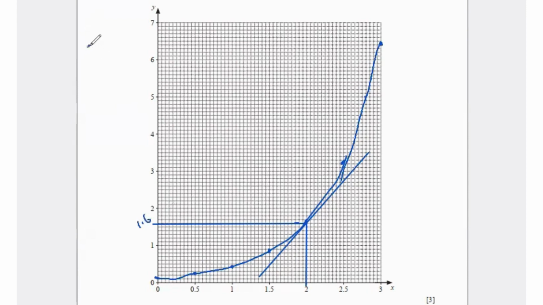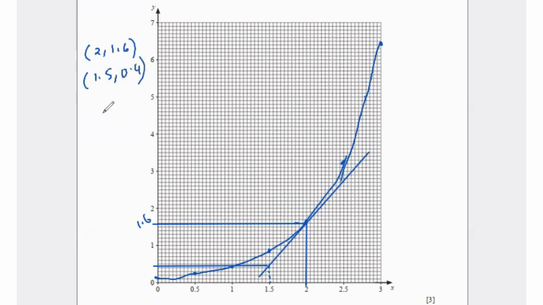So one coordinate is 2 and 1.6. And we can pick another point. If I pick this point over here, that's approximately 1.5 and 0.4.